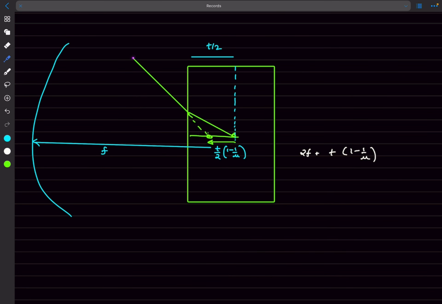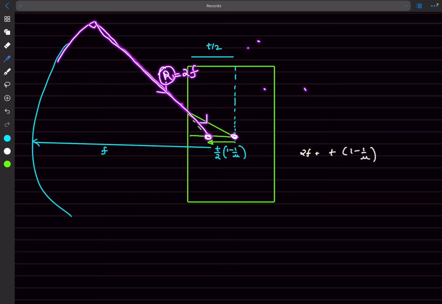Now another possibility is that this particular light ray intercepts the concave mirror perpendicularly. Then of course this light ray will be sent back, and then after refraction the final image will be formed at the source itself. Okay, so for this particular situation to happen, this length should be equal to the radius of curvature of the mirror, which we can consider as 2f because we are talking about a concave mirror.